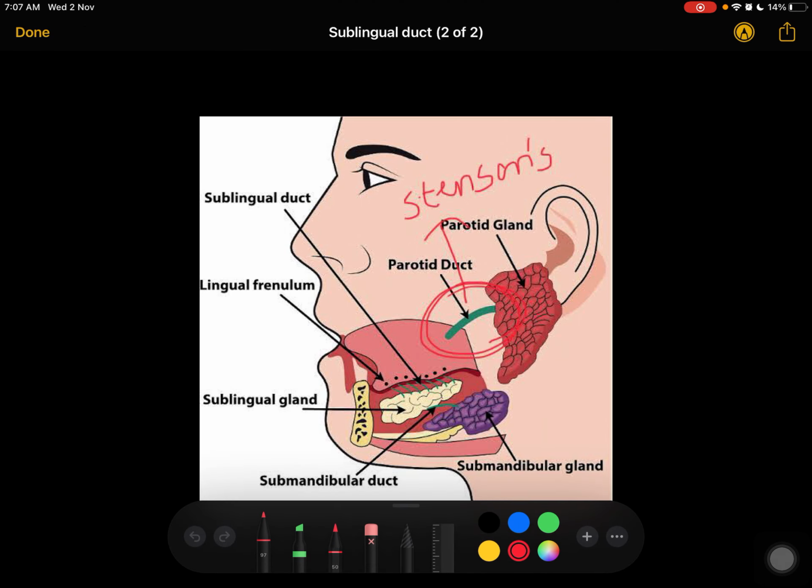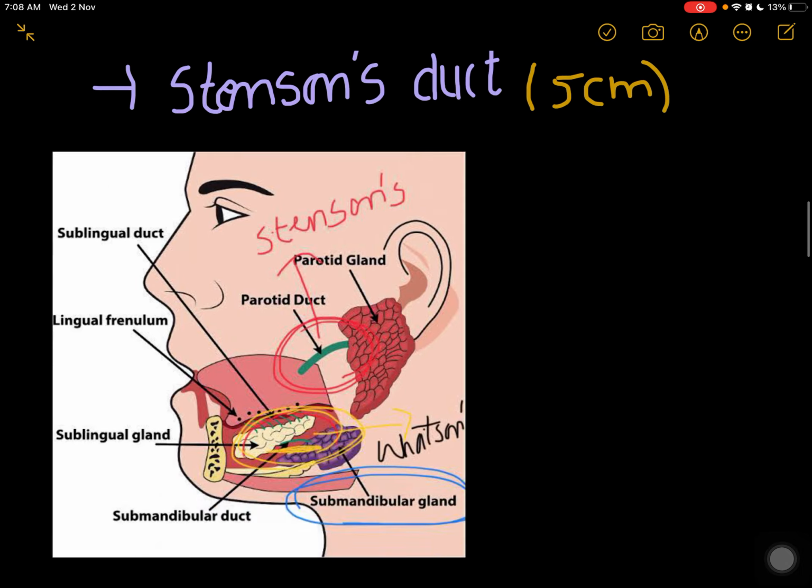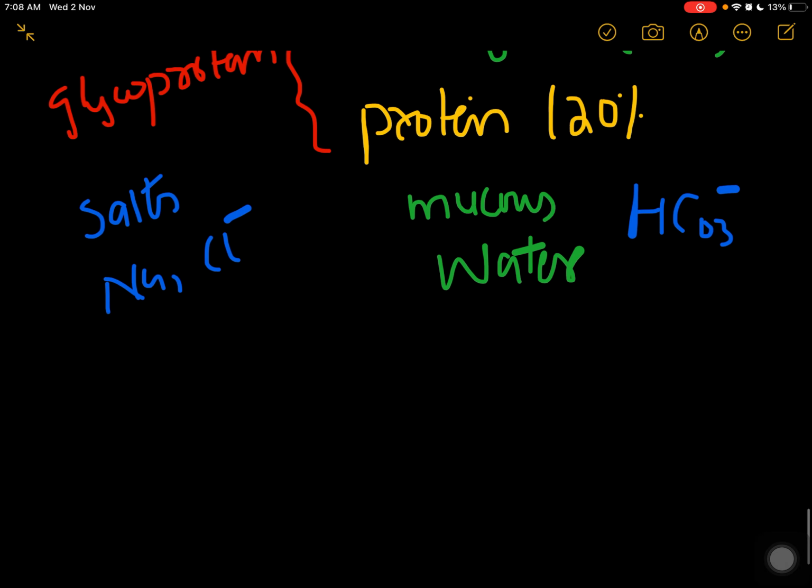You can see that here the submandibular gland is present, and this is known as Wharton's duct. This is the Wharton's duct. So I hope the location is clear to you.